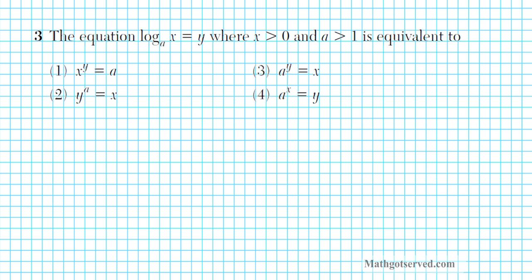Alright, let's take a look at problem number 3. It says the equation log base a of x equals y, where x is greater than 0 and a greater than 1, is equivalent to, so we have log base a of x equals y.